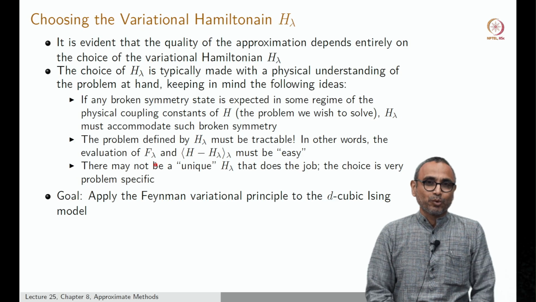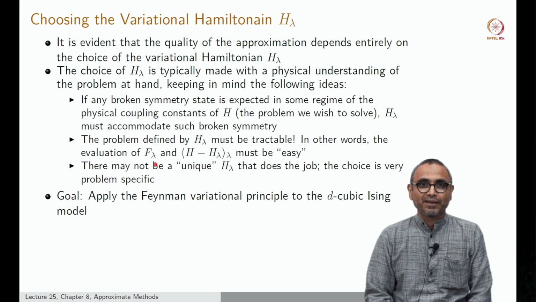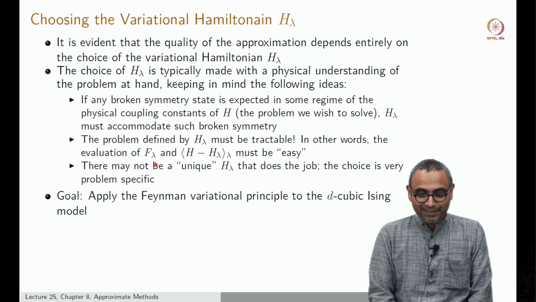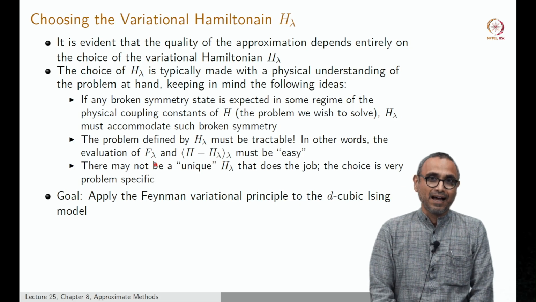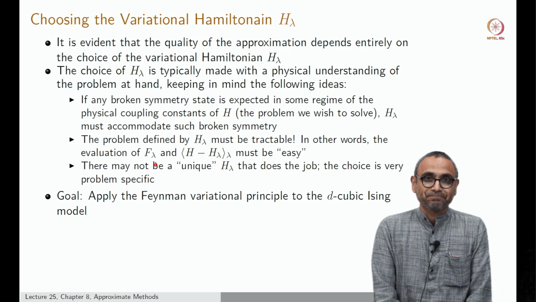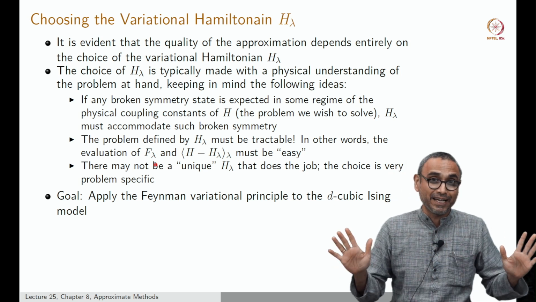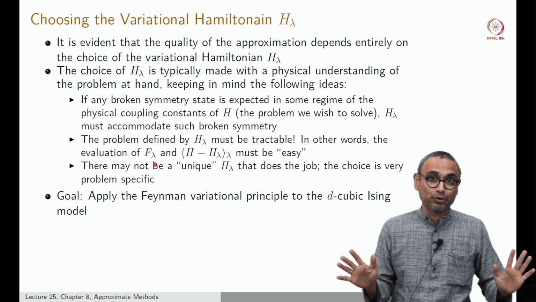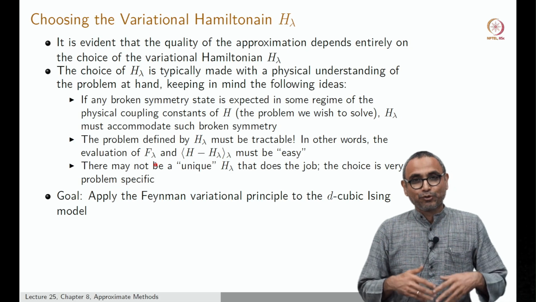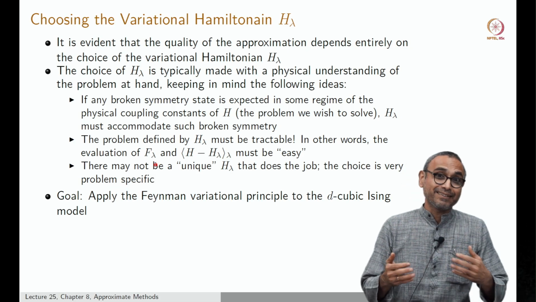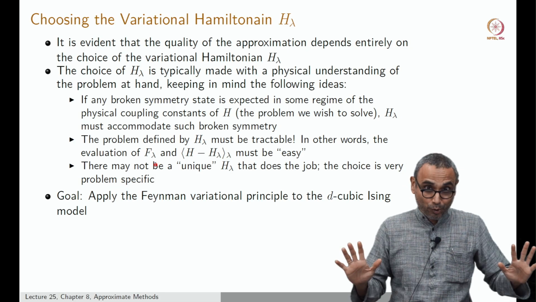So what we will do is focus on the d-dimensional cubic lattice Ising model. If I put d equal to 1, that's our old 1D chain for which we know the full exact solution. If you go to 2D, we know quite a bit, and in 3D we don't know the answer.